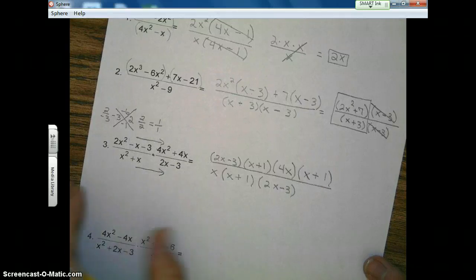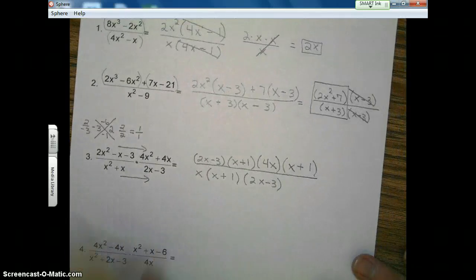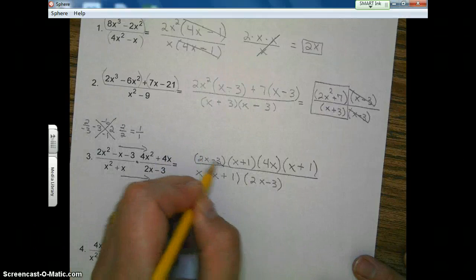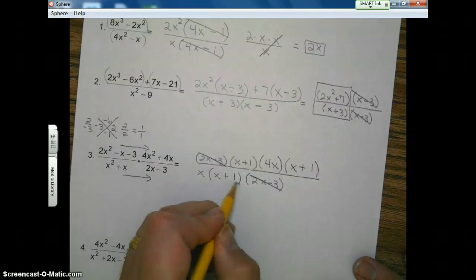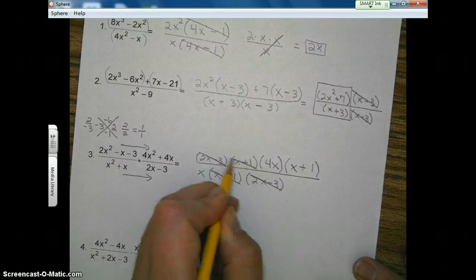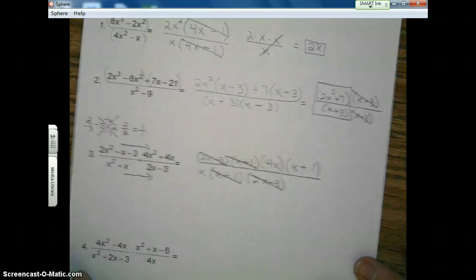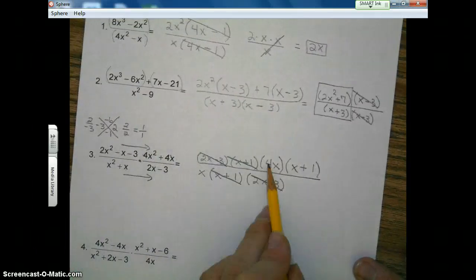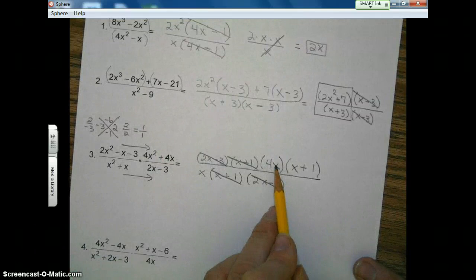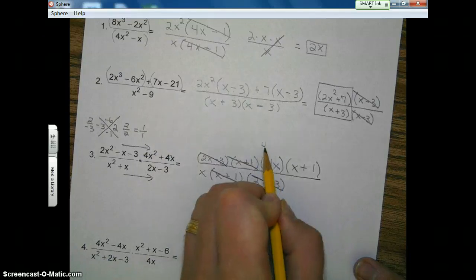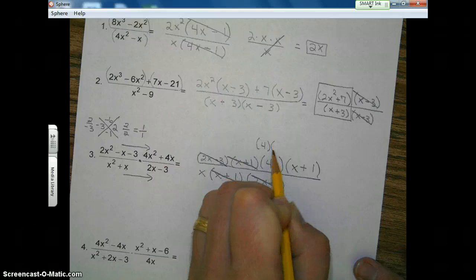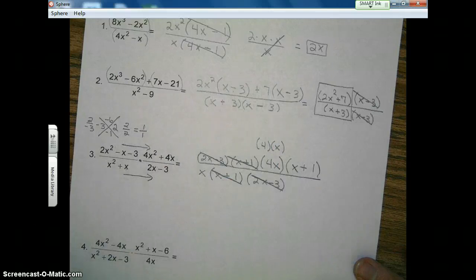Now we can do some canceling. So I see some groups here that I can cancel. I see another group that I can cancel. I also see, remember, this is 4 times x. Okay, so if I wanted to, I could rewrite this as 4 times x separately.